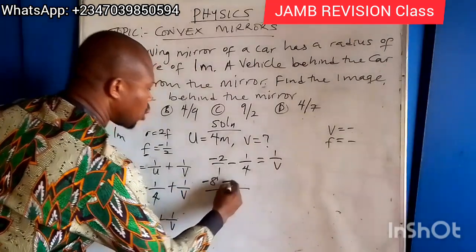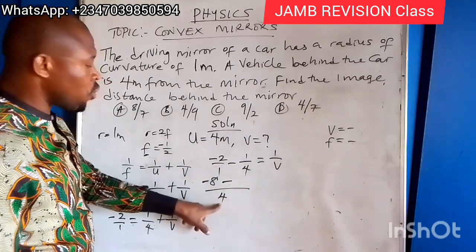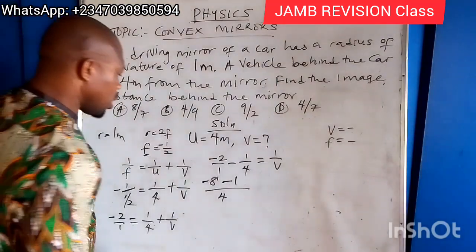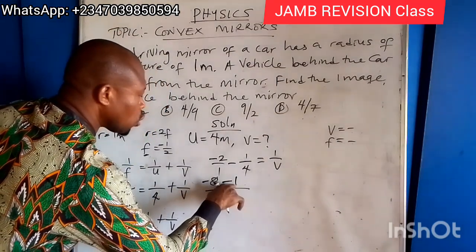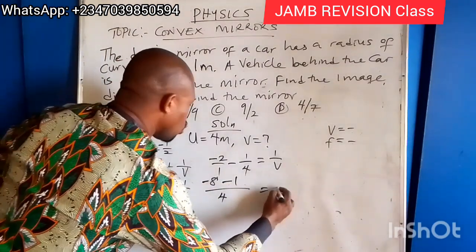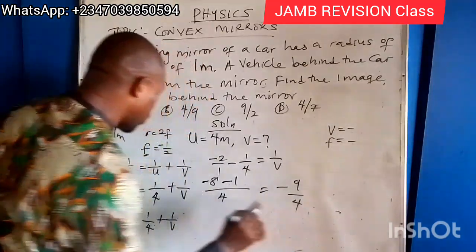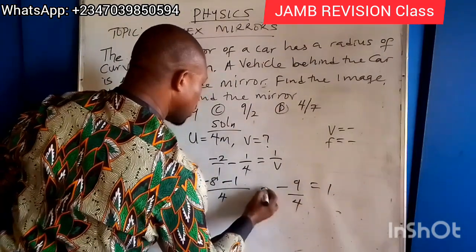Now you return your minus here. 4 divide 4 will give us 1. 1 times 1 will give us minus 1, which will give us minus 8 minus 1, equal to minus 9/4. Remember, everything is equal to 1/v, please.